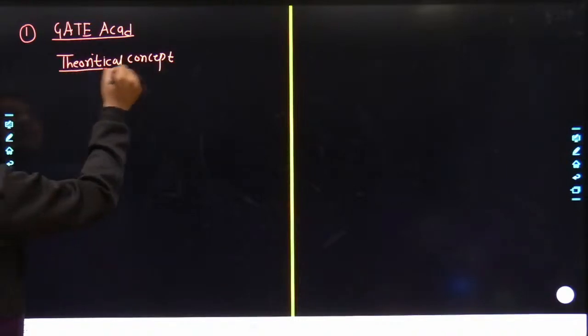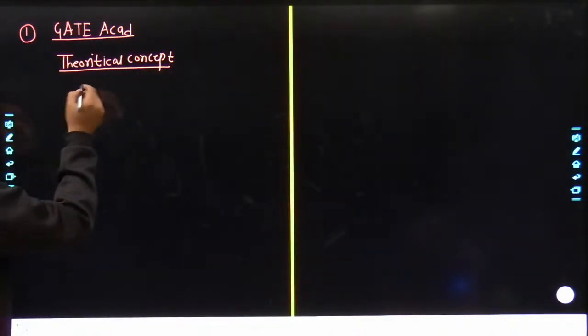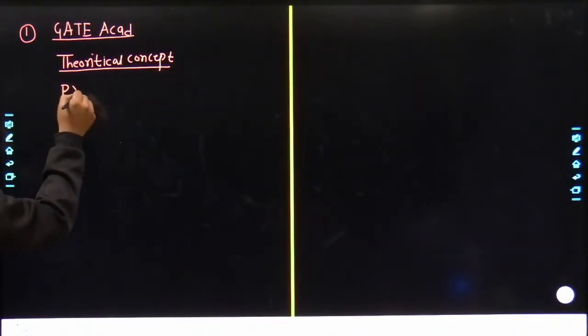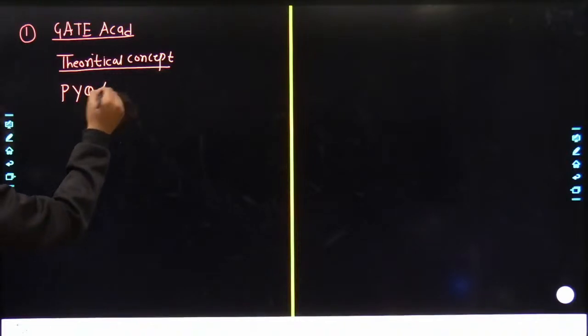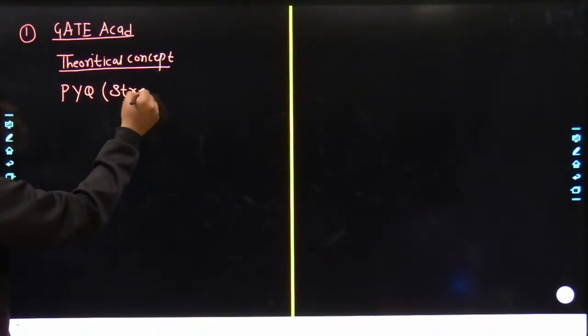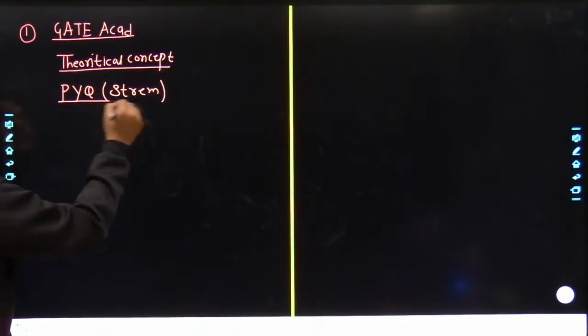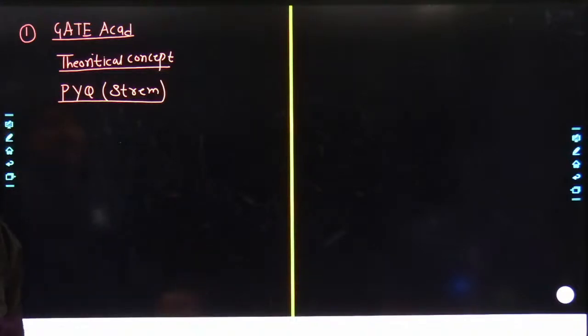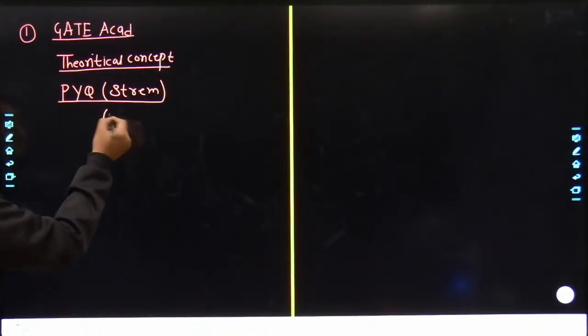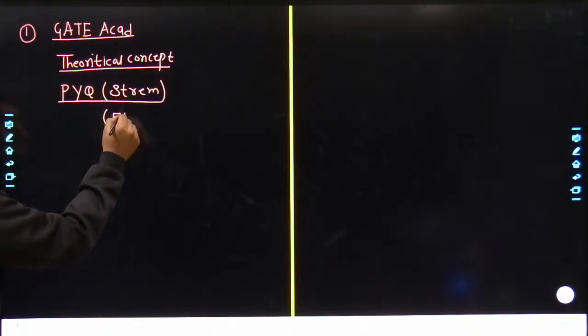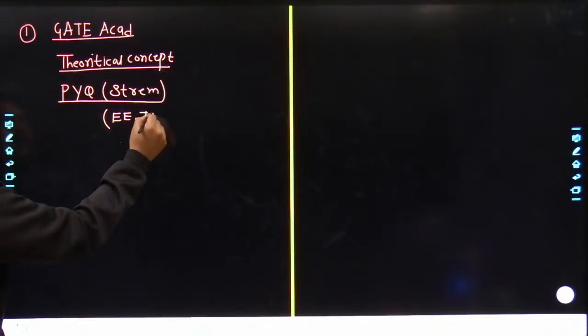Once you are done with this, you can straight away jump into the previous year questions, PYQ, from your corresponding streams. Once you're done with this, you can expand your horizon. You can go to the remaining streams. Like if you're from electronics, you can go ahead with the electrical as well as instrumentation.